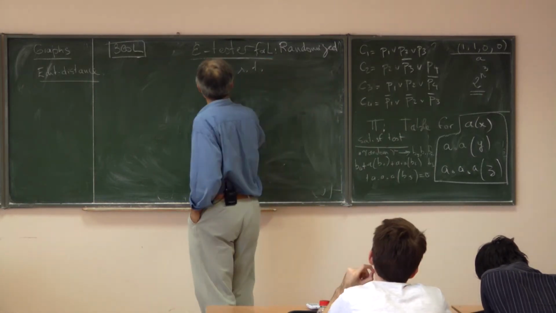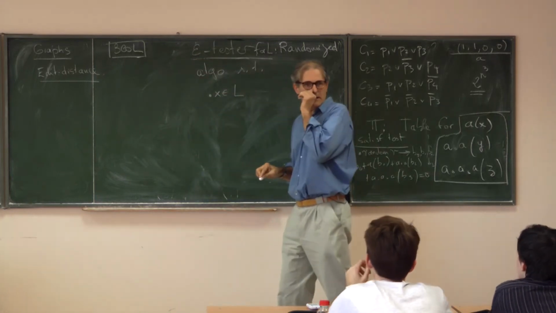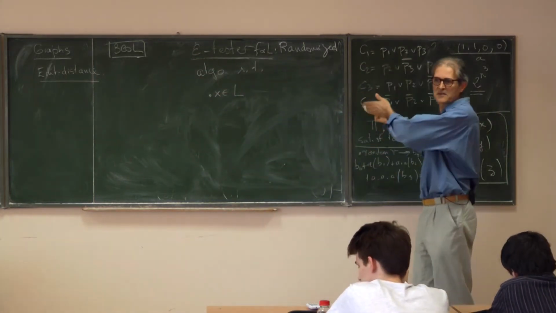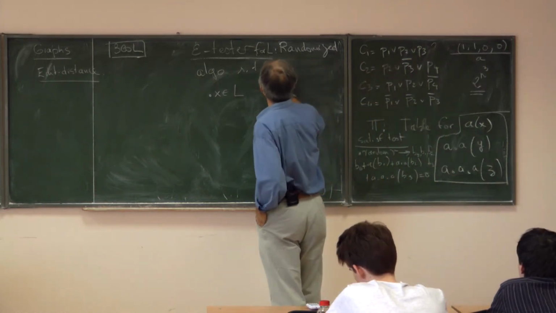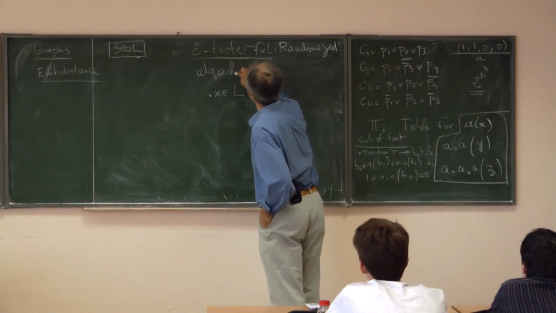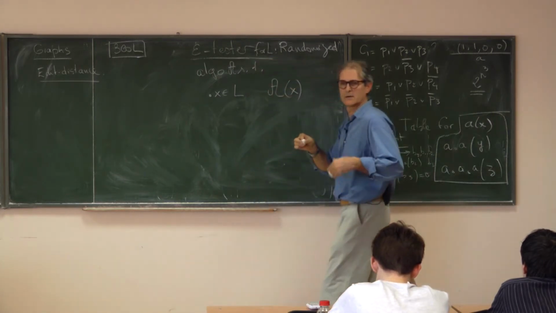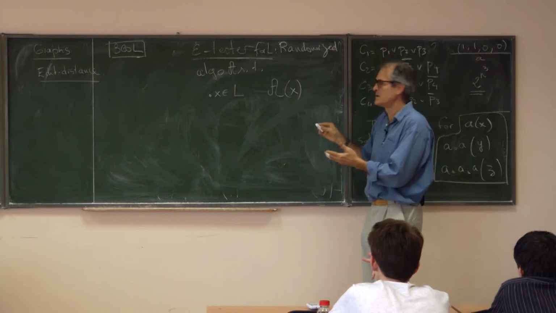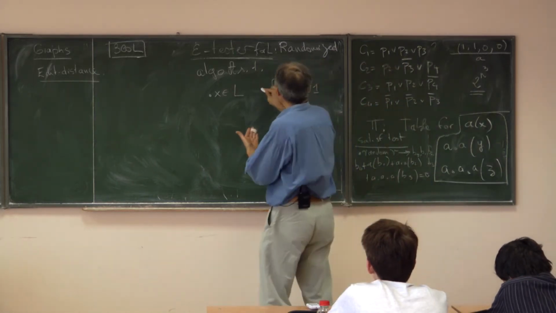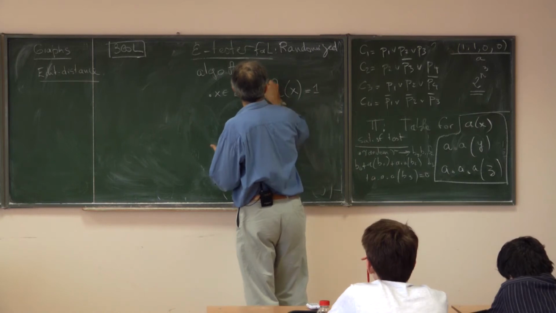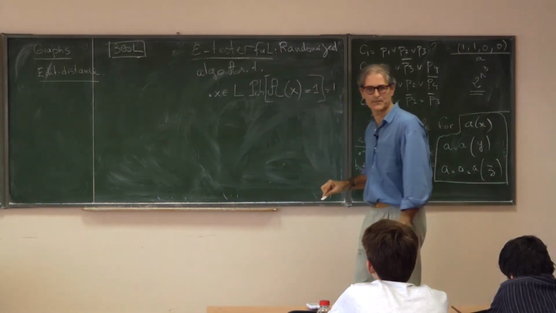Such that if x is in L, following the same type of definition, the algorithm, let's call it A, on x should accept. Technically, the probability that A accepts is 1.